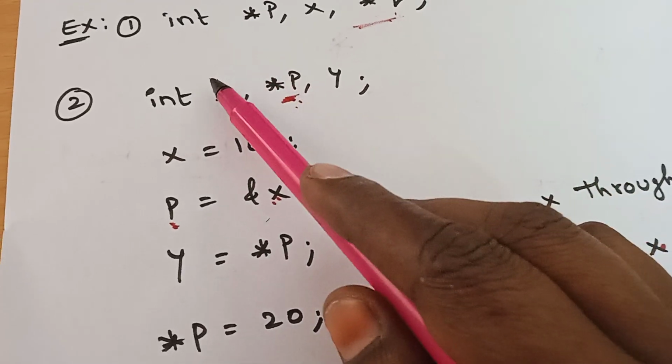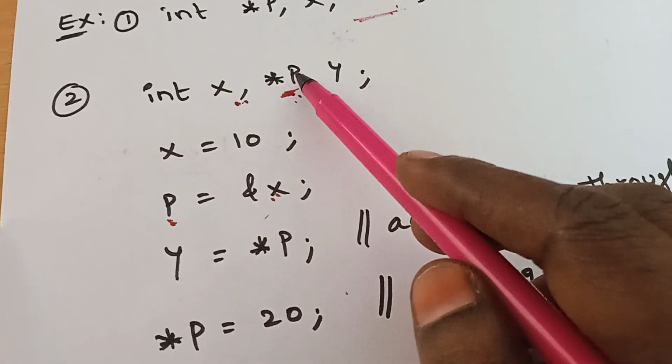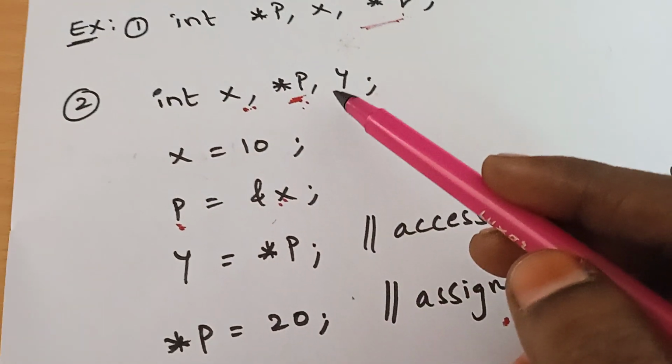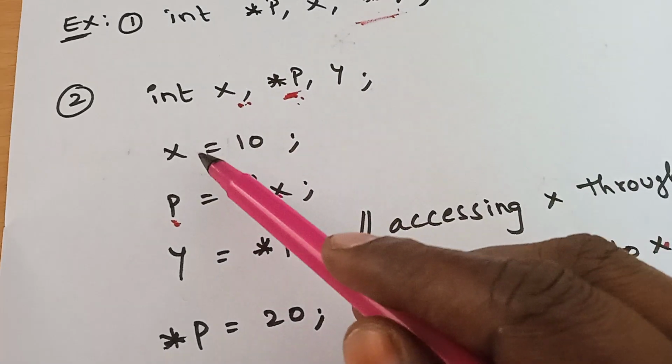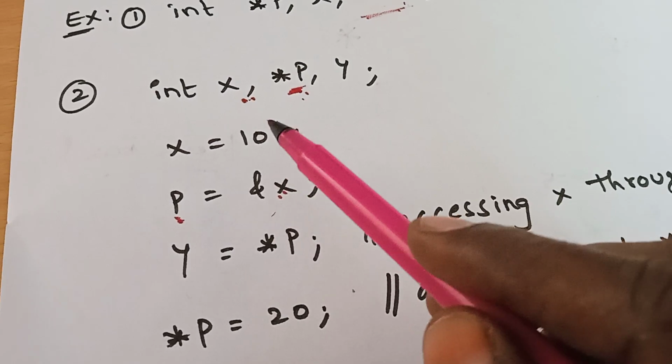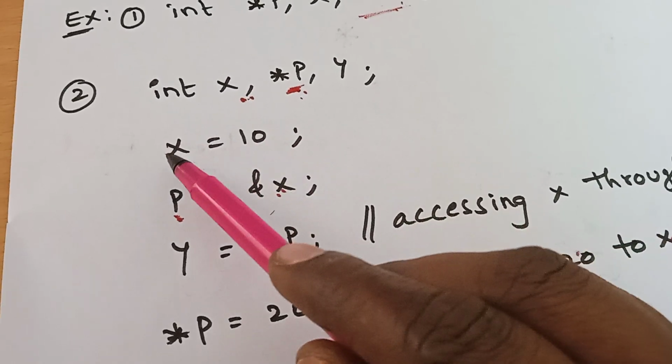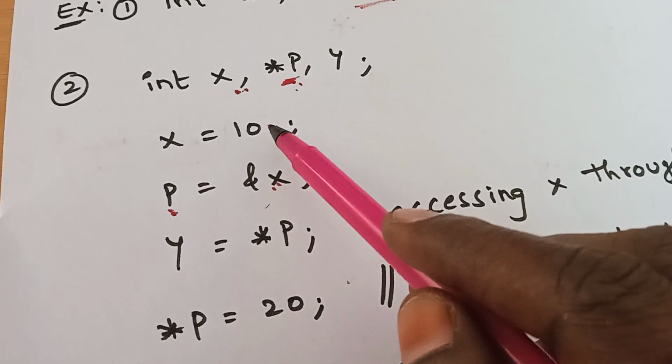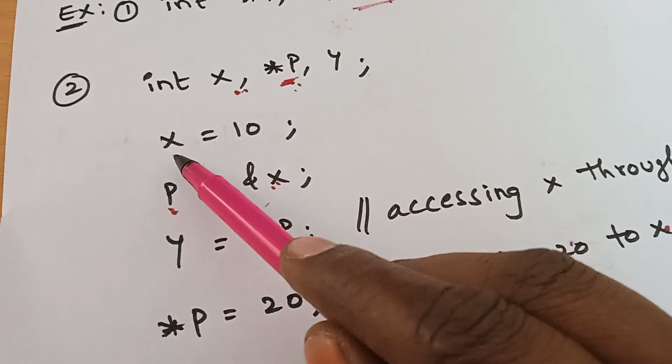If you put star p before x later, then star p will be invalid. Fine. Now, x is equal to 10. This is what we call initialization of the x variable.